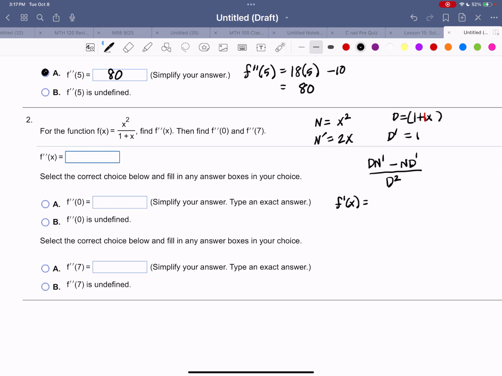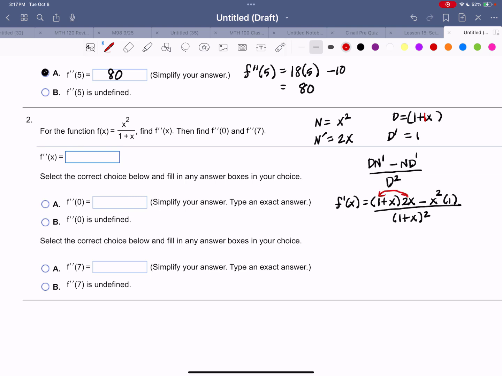So it's going to be denominator in parentheses, since it's a binomial, times the derivative of the numerator, that's 2x, minus the numerator, x squared, times the derivative of the denominator, the 1, over that binomial, x plus 1, or 1 plus x, same thing, but I'll put it in the order they gave it to us, squared. Now, whereas simplification might not have been all that important in some cases, we're going to need to simplify these before we take the second derivative.